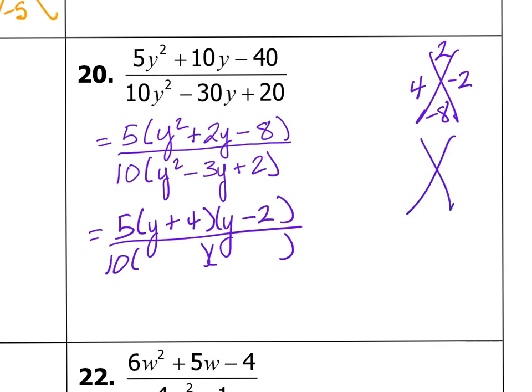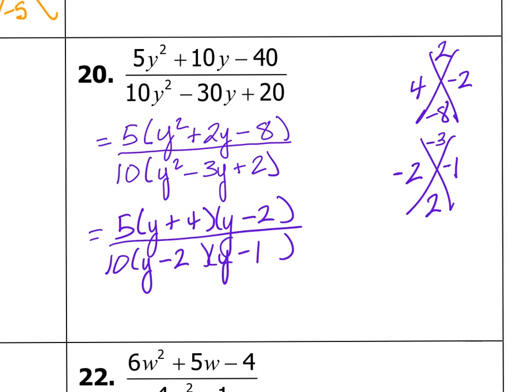So give me two numbers that multiply to be 2 and add to be -3. There's only two numbers that multiply to 2, that would be 2 and 1. But it needs to add to be -3, so I believe that's going to be -2 and -1. So y minus 2 and y minus 1. So now I'm going to simplify them.